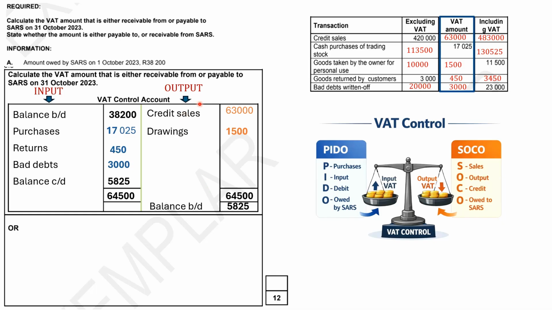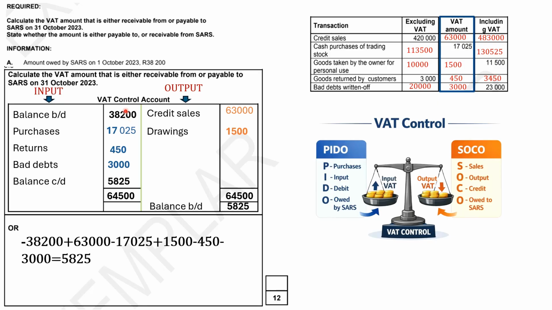I suggest use the table method because it's the easiest. So if you don't want to use the table and you just want to write it here, it will look something like this. Please, the balance brought down has to be negative or you'd get it wrong. The balance brought down is not positive. So basically think of this as your positive side and your negative side.